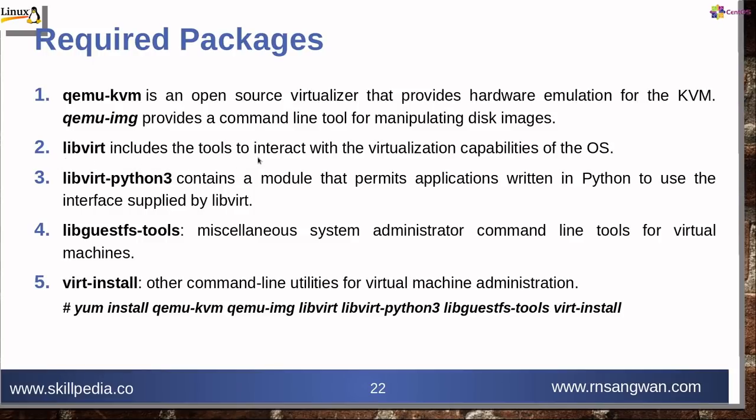libvirt includes the tools to interact with the virtualization capabilities of your operating system. libvirt Python 3 in CentOS 8 contains modules that permit applications written in Python to use the interface supplied by libvirt. libguestfs tools are miscellaneous system administration command line tools for virtual machines, and virt-install is the command which I used to launch my machine from the command line, if you remember.